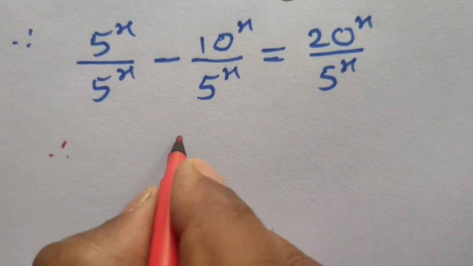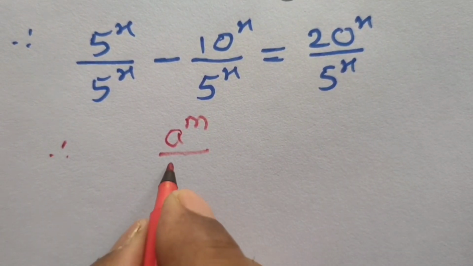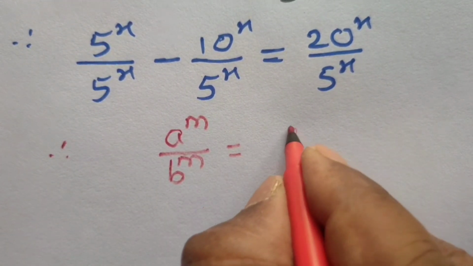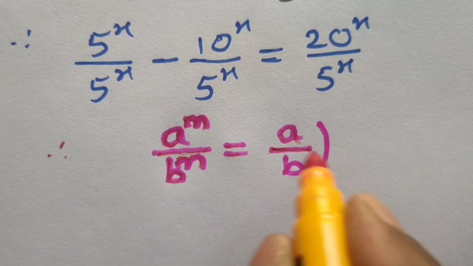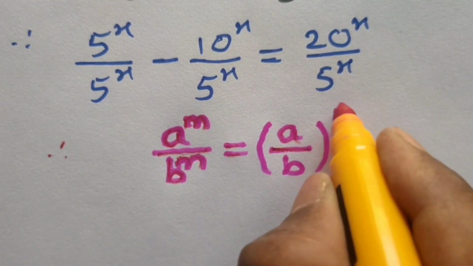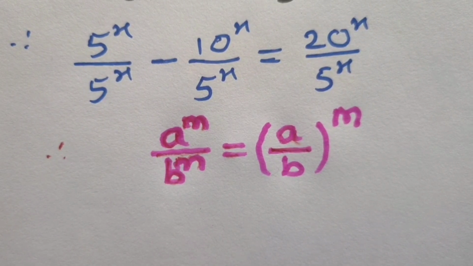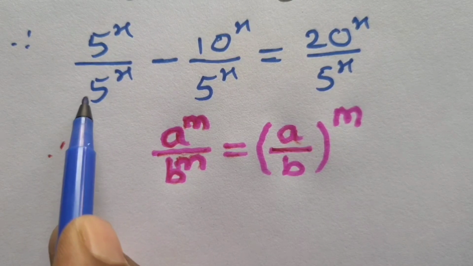We know a to the power m upon b to the power m is equal to a upon b, whole to the power m. So, applying this property of exponential functions, here 5 to the power x gets cancelled with this 5 to the power x.